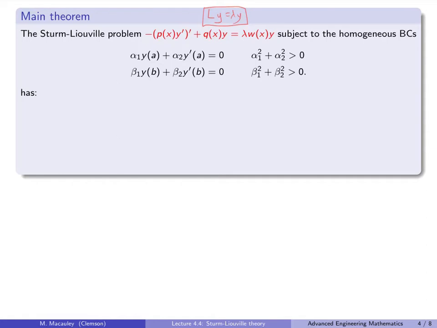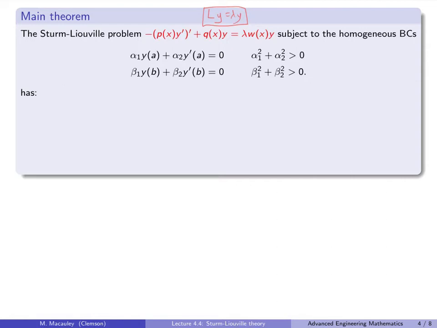And these things will come up all the time in physical problems in physics and engineering, and we'll see a lot of examples of this. Okay, so this Sturm-Liouville problem, subject to the homogeneous boundary conditions, that's this system involving y(a) and y'(a), y(b) and y'(b), and these coefficients alphas and betas. We've seen that before. I think it's just easier to say, subject to the homogeneous boundary conditions.